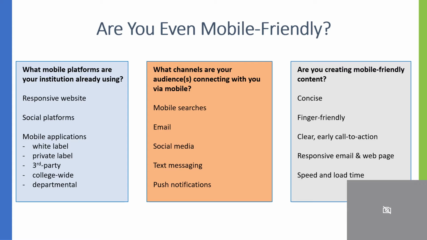I think, in this day and age, 90% of the time spent on a phone is done on a mobile app. So whether that is your institution's app or another application within your audience's daily use, it's important to understand really what the breadth of apps are within your institution.